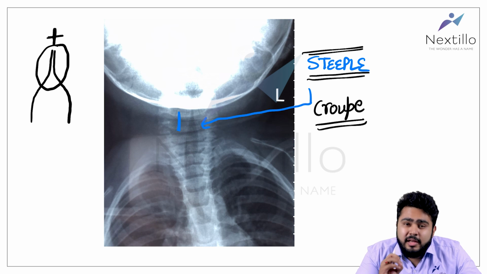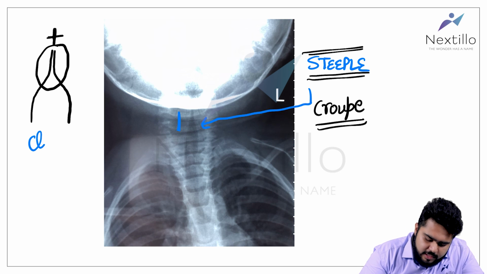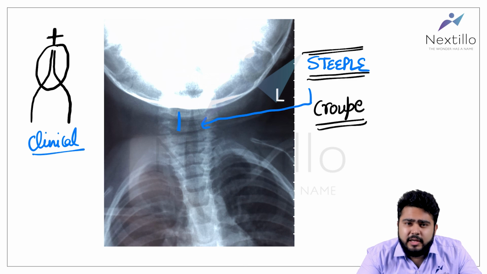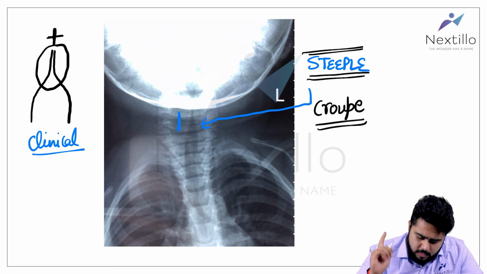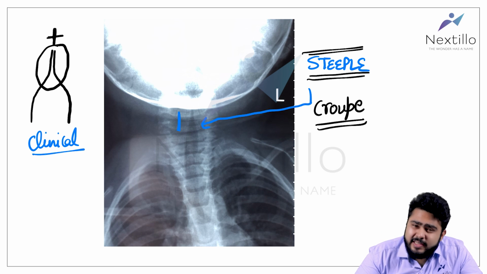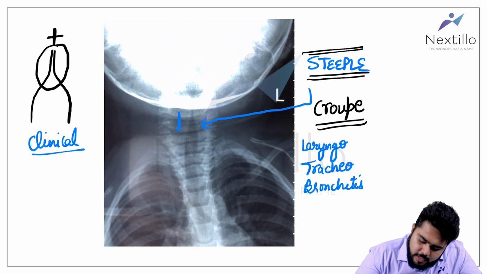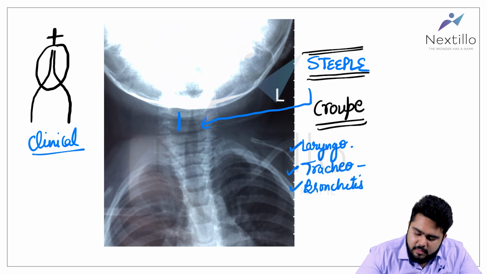But that also will be a very straightforward question. So they'll not give you a question like this. They'll frame it in a way where they'll give you the clinical scenario. Like a child of such and such age presented with barking husky cough, difficulty to breathe. Then his chest x-ray was taken and this is what is shown. Or they might give the other name of croup, which is laryngotracheobronchitis.